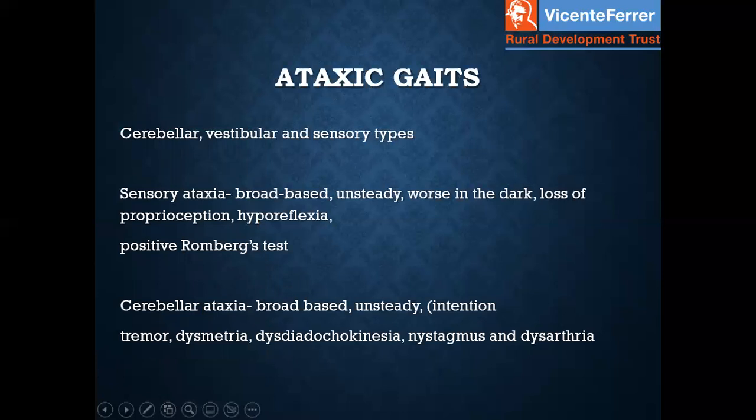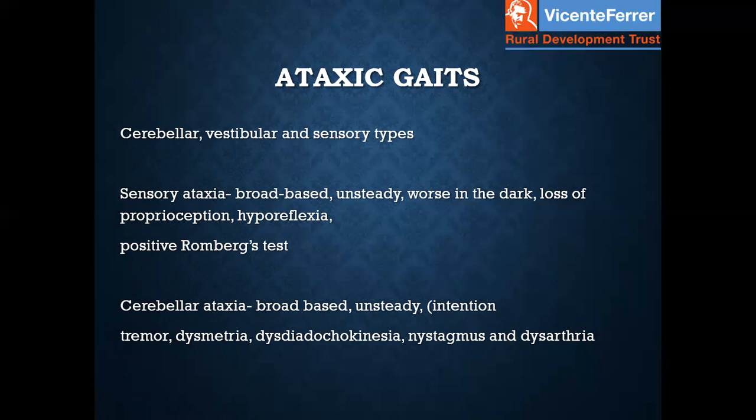Let us see some ataxic gaits. So commonly ataxia can be due to cerebellar, vestibular or sensory causes. In sensory ataxia, it is a wide-based unsteady gait, and sensory ataxia is due to dorsal column involvement. So there will be loss of proprioception, so the child can't know the joint position.